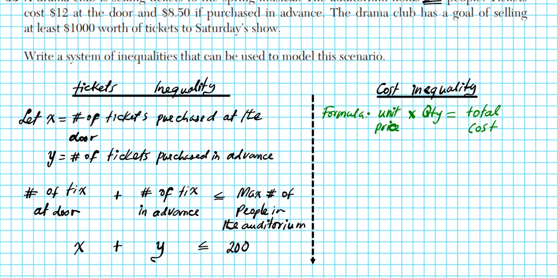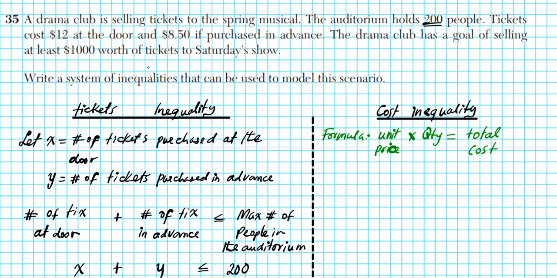Now, we know the unit cost for tickets at the door is $12 each, and then tickets purchased in advance is $8.50. So if we apply that formula, we can create another inequality. But we also have some constraints attached to how much revenue the club wants to generate from selling tickets.